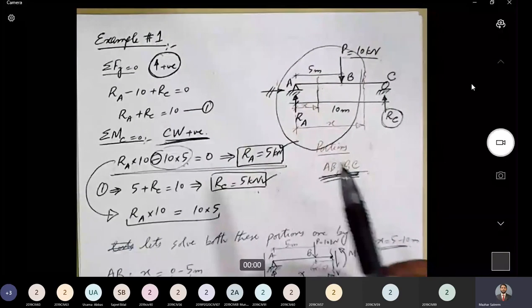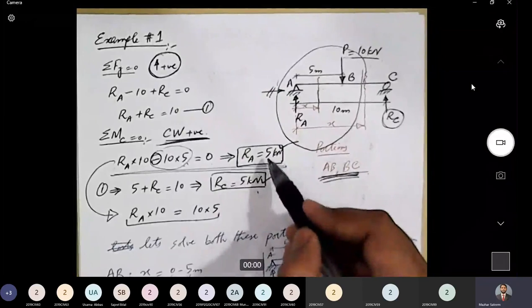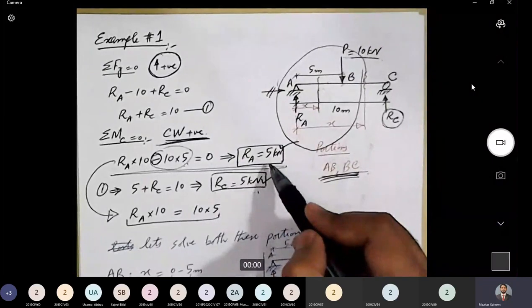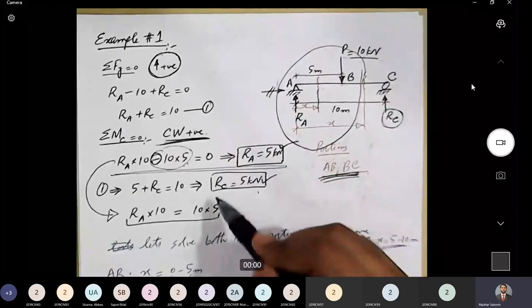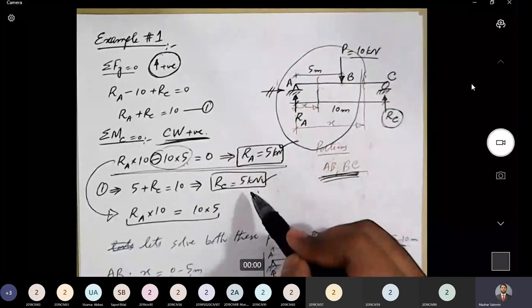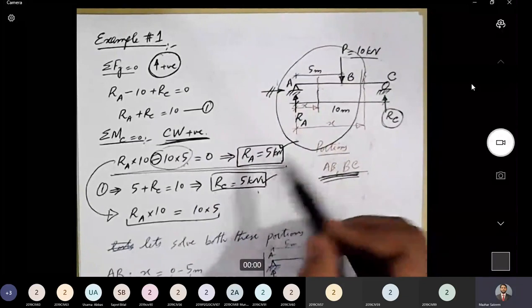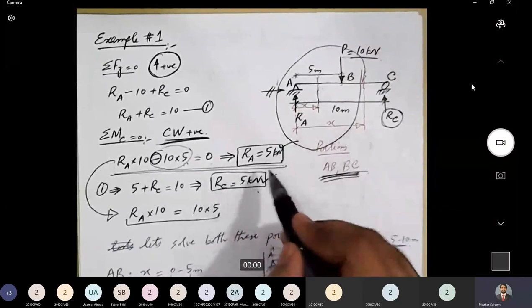There are a couple of observations about this reaction. First observation is that the sign of reaction, both the signs are positive. Ra is positive 5 kilonewton and Rc is also equal to positive 5 kilonewton. So both the reactions are positive, which means that the directions that we assumed at the beginning were correct.